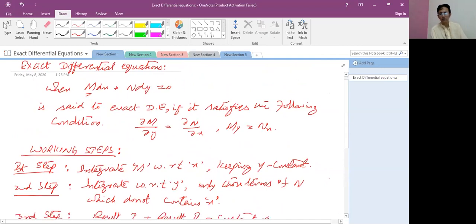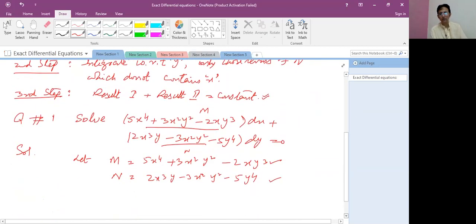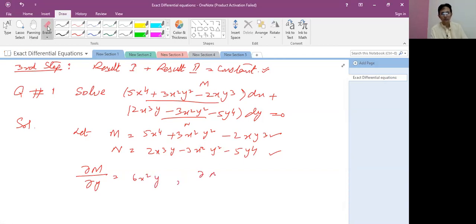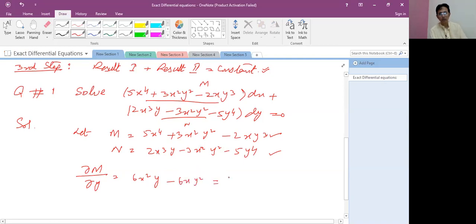First we find the partial derivative of M with respect to y, so it means ∂M/∂y. Taking the partial derivative with respect to y, the first term is 0, then 6x^2y, and for the remaining term, 3 times 2 gives 6xy^2. If we take 6xy common, we get 6xy(x - y).